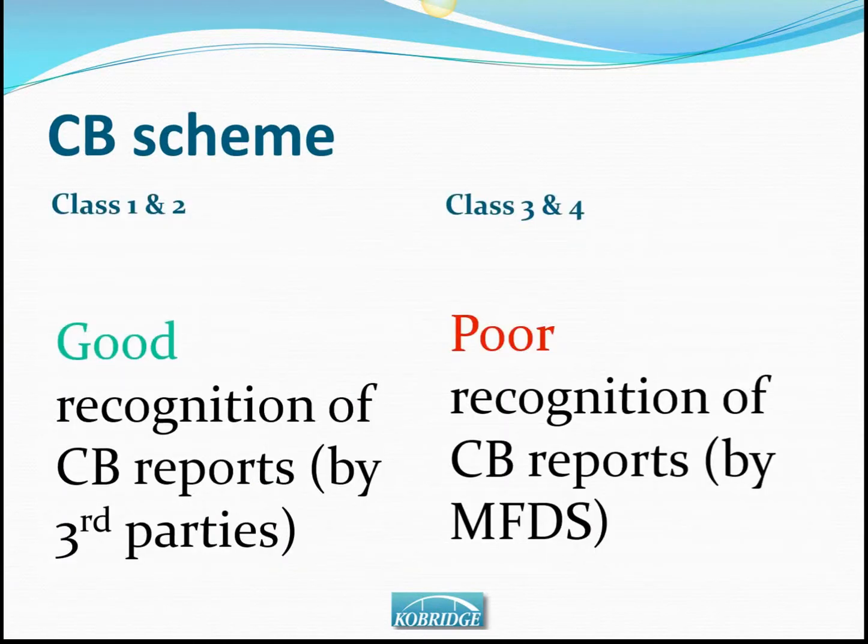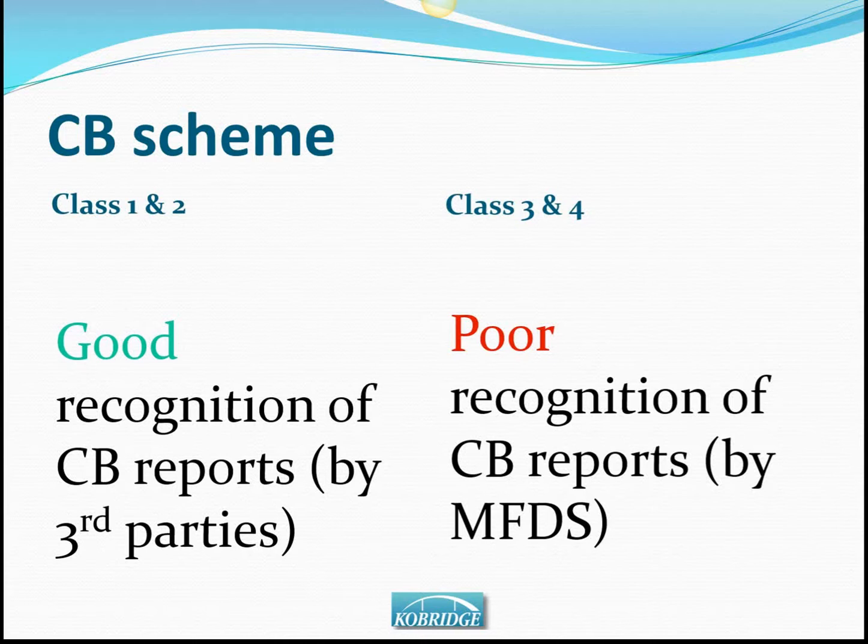Now, about the CB scheme, depending on the class of the product, whether it's class 1 or 2, 3 or 4, there are different levels of recognition, and this is given by our experience and the usual feedback from the market. If it's a class 1 or 2, a class 1 is easy because that's just a notification, so basically there is no submission of the technical documents.